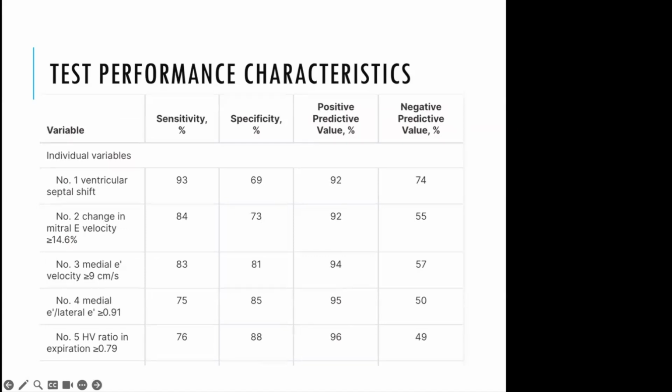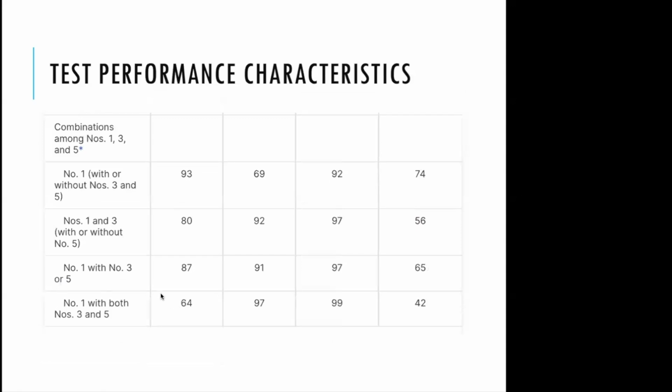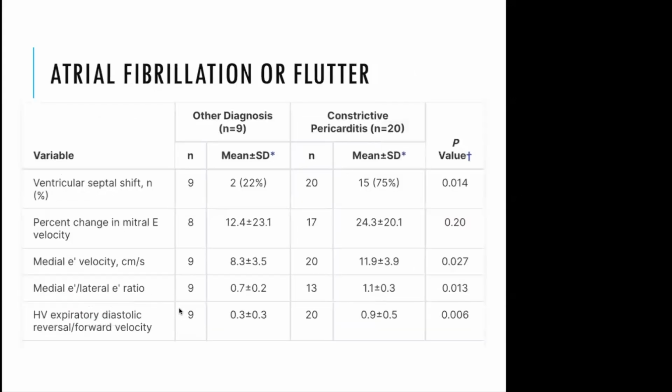The calculations can come at the end, so they aren't necessarily any extra steps. So you'll have most of these variables already, and looking at them all together will help increase, namely, the specificity of the diagnosis of constrictive pericarditis, which is why it's important to have all of the information when we're concerned about this disease process.